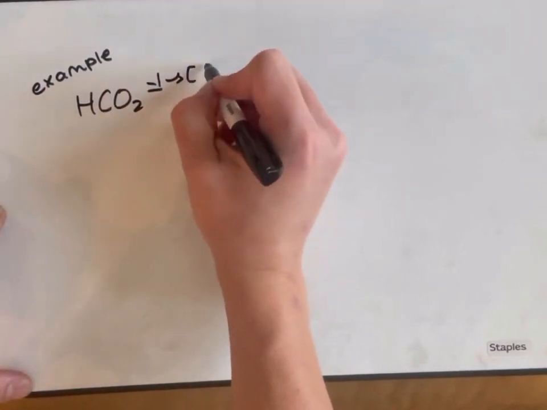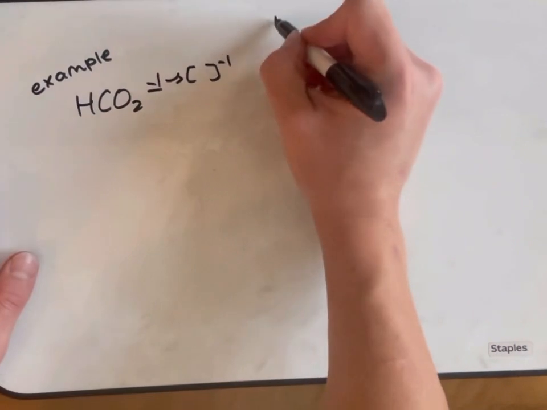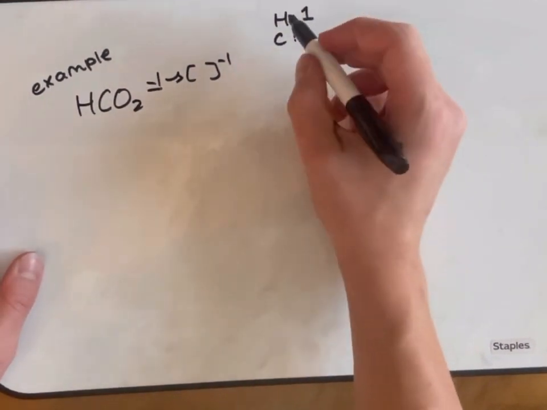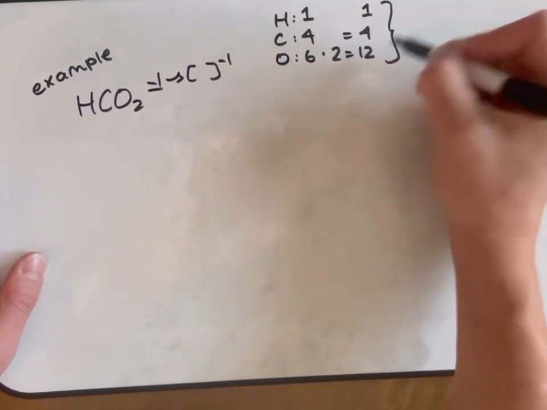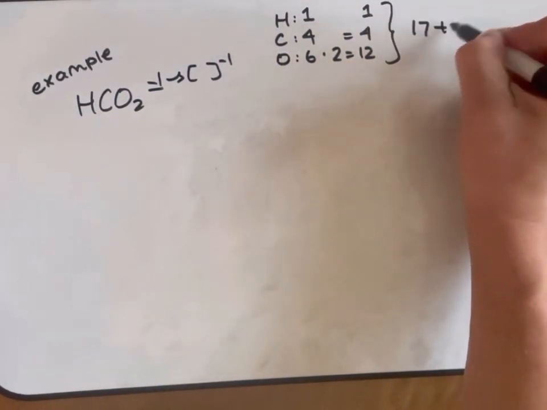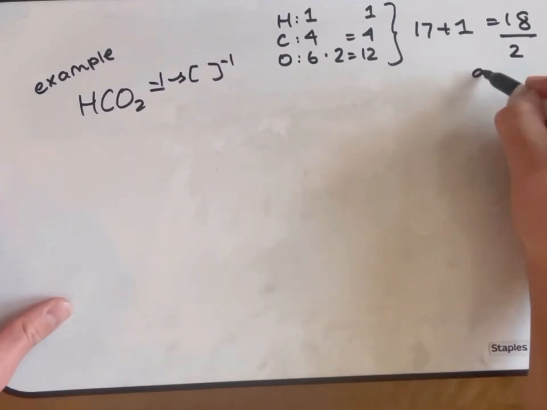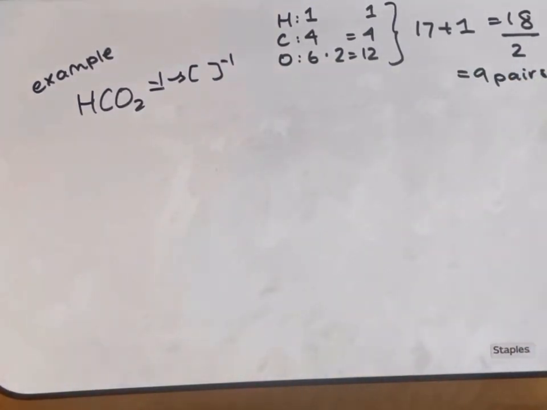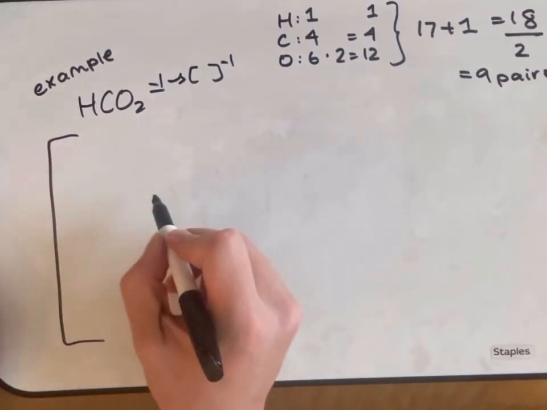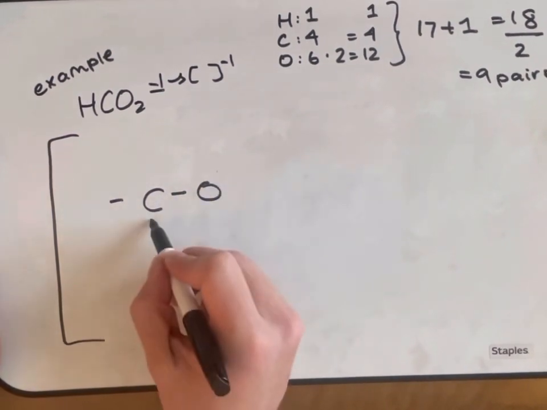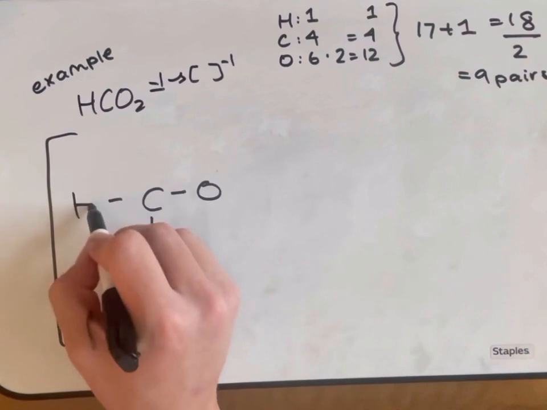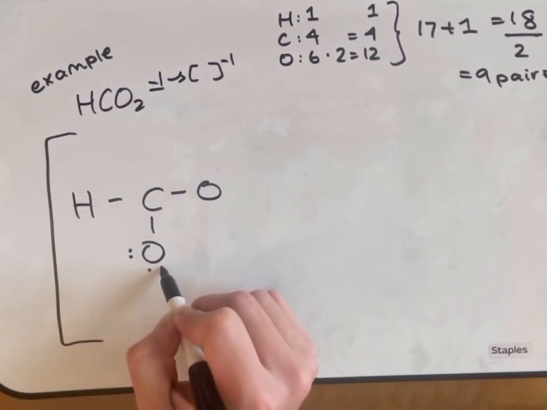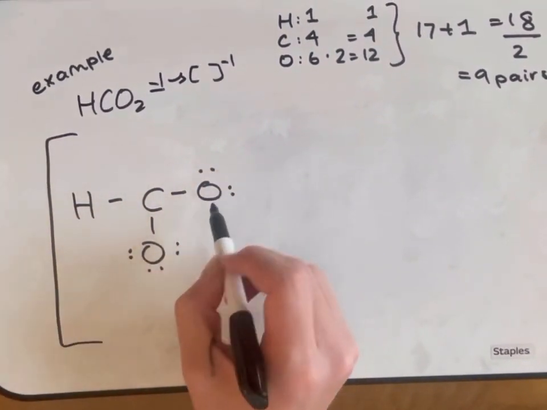All right, let's do an example. HCO2 -1, which means we have to put it in brackets and have a charge. H has 1 electron, C has 4, and O has 6, but we have to multiply by that 2. So we get a total of 18 electrons, and we have to divide that by 2 to get 9 pairs. So when we draw our first structure, we have to distribute our electrons properly.